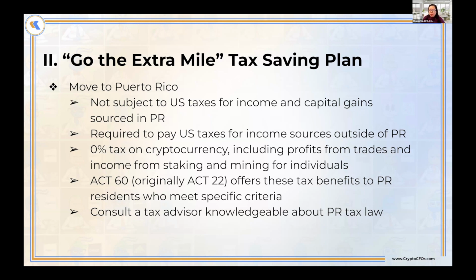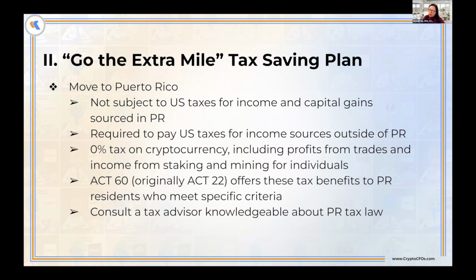If you plan to move to Puerto Rico, or your client plans to move, they need to keep in mind that they are still required to pay US tax for income sourced outside of Puerto Rico, even after they move to Puerto Rico.